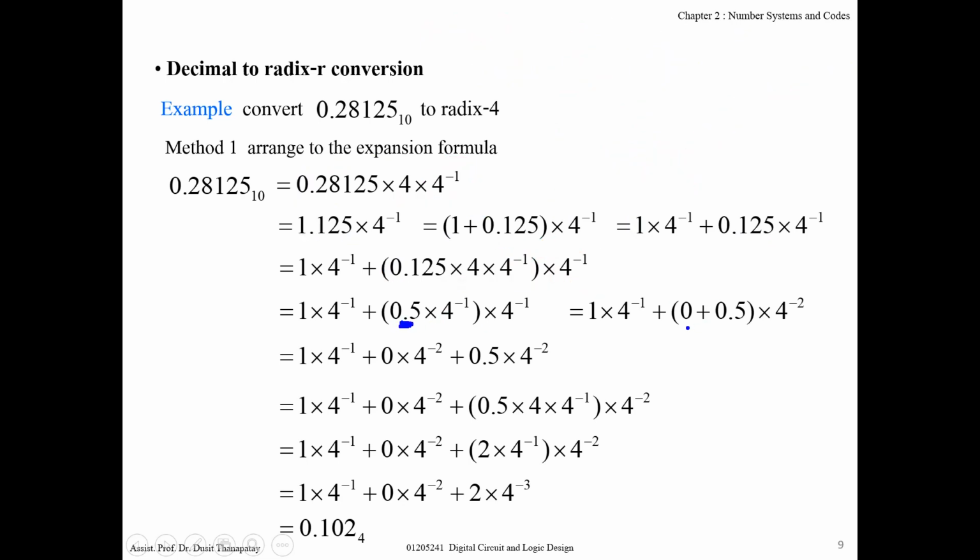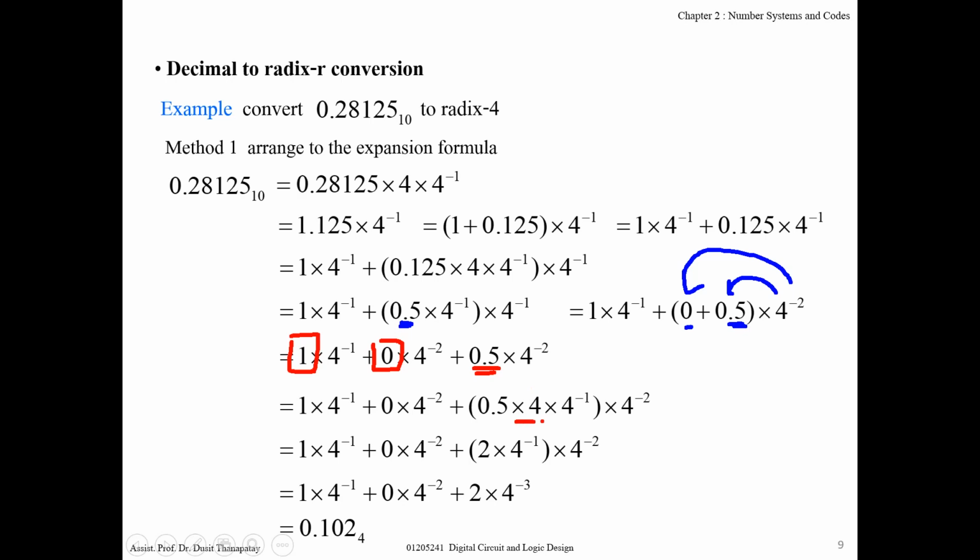Then I separate it to 0 plus 0.5. Again, multiply out, then it becomes 0 multiplied by 4 to the power of minus 2 plus 0.5 multiplied by 4 to the minus 2. Okay, this coefficient is okay, this coefficient is okay, but this one is still not.